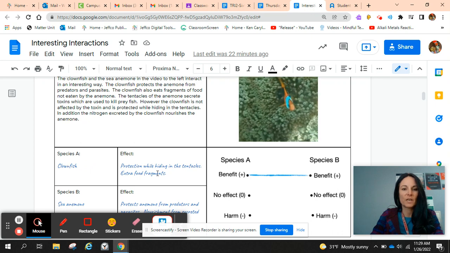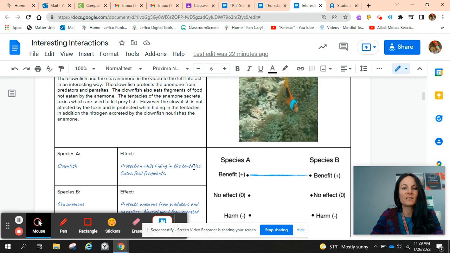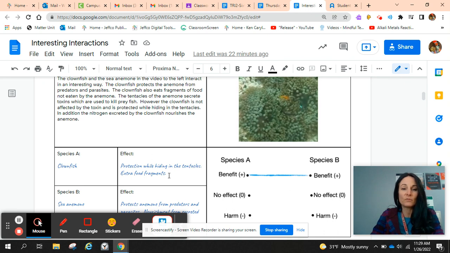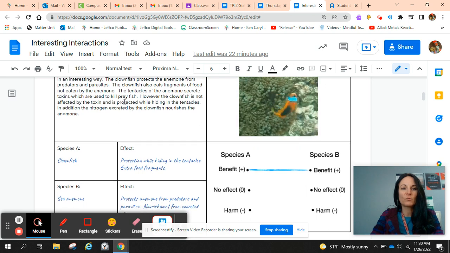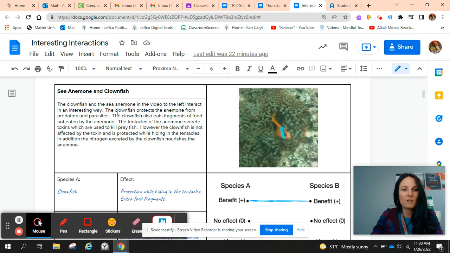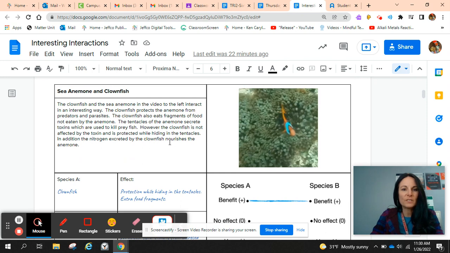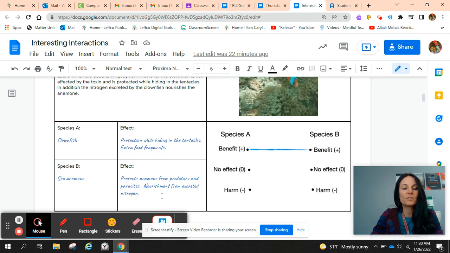So when we look at these things, we come down here and we list our first species. We have a clownfish, and we say, all right, well, what is he getting? He's getting protection while hiding in the tentacles, and he's also getting some extra food. And then for species B, we kind of rephrase what it says up here. The sea anemone. So you go up and you're like, oh, where does it talk about the sea anemone? Oh, right here. So you say what happens with the sea anemone.